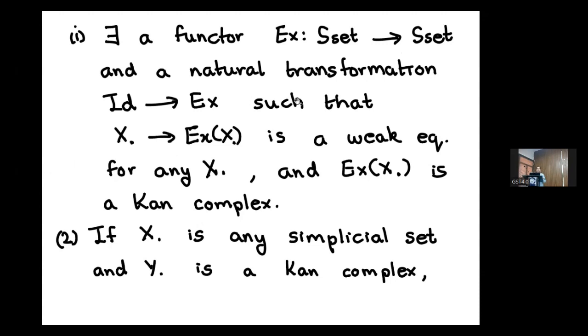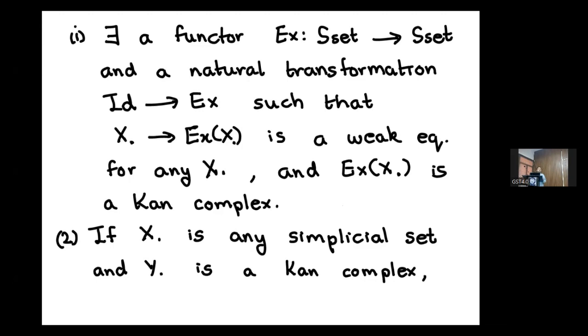So there is a natural transformation from the identity functor to this functor, such that for any simplicial set X, the map to the Kan complex constructed from X is a weak equivalence. So you have a functorial way of replacing every object by a weakly equivalent Kan complex.